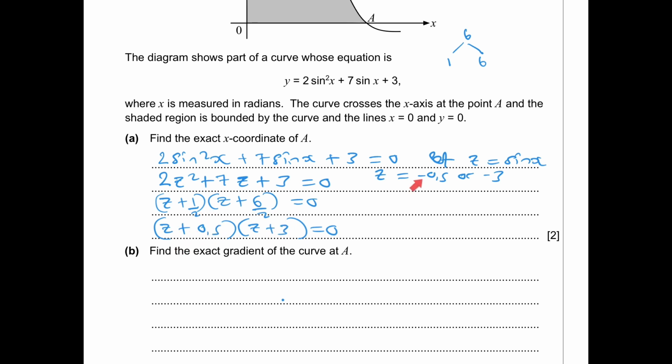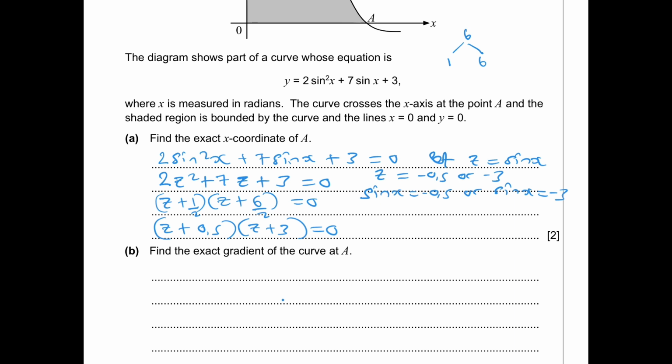So we get z equals negative 3 or negative 0.5. But remember, z is representing sine x. So sine x is equal to negative 0.5 or sine x is equal to negative 3.